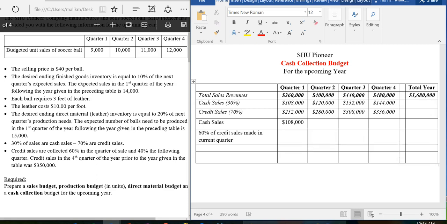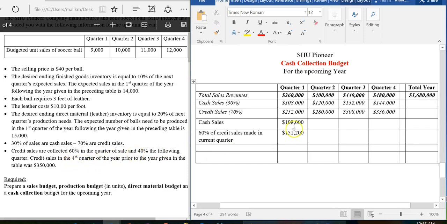Right, so now we are collecting the 60% of Q1's credit sales. So take 60% of $252,000, and I got $151,200. Now they actually collect the rest of their credit sales in the following quarter.